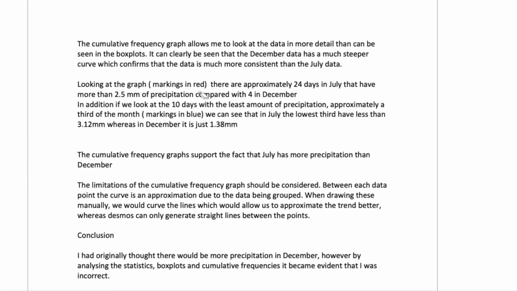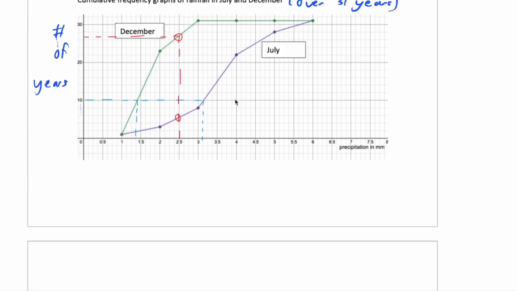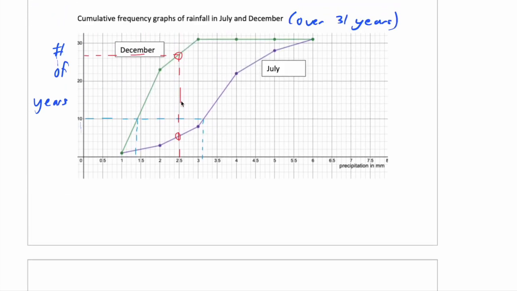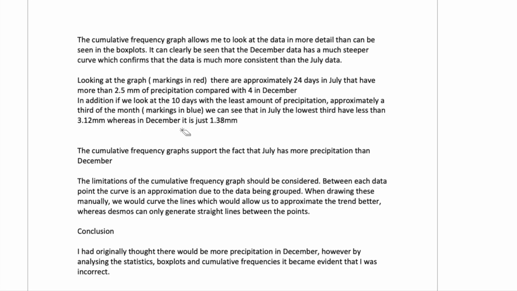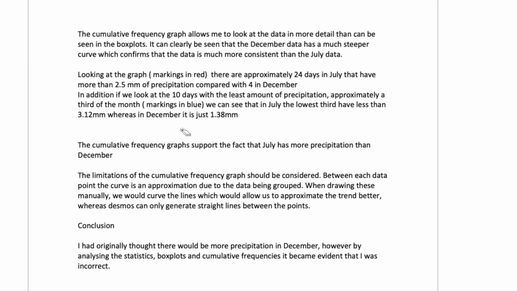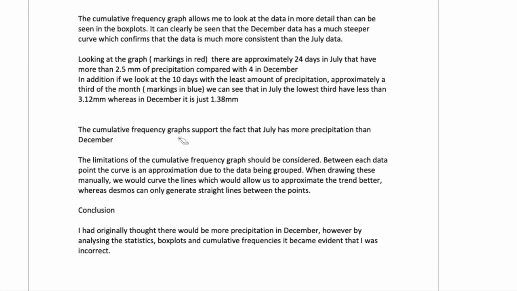Looking at the graph, marking red, there are approximately 24 days in July that have more than 2.5 compared with 4 in December. So they compared these two data values, which is a good idea. Draw one line through both curves, and you can make comparisons. You can't do that with the box plot. You can only compare the quartiles and the median. Okay, so that's some good analysis there.